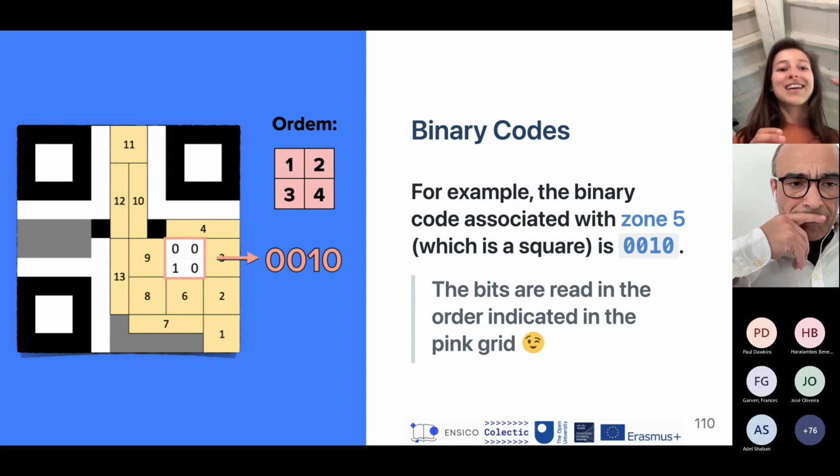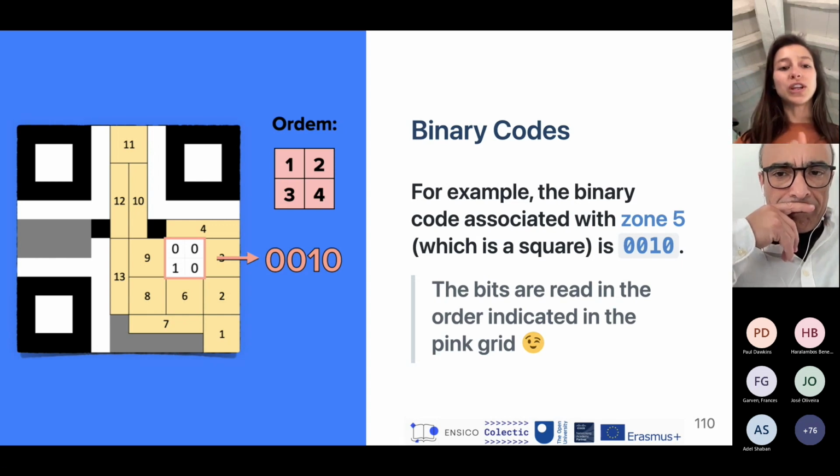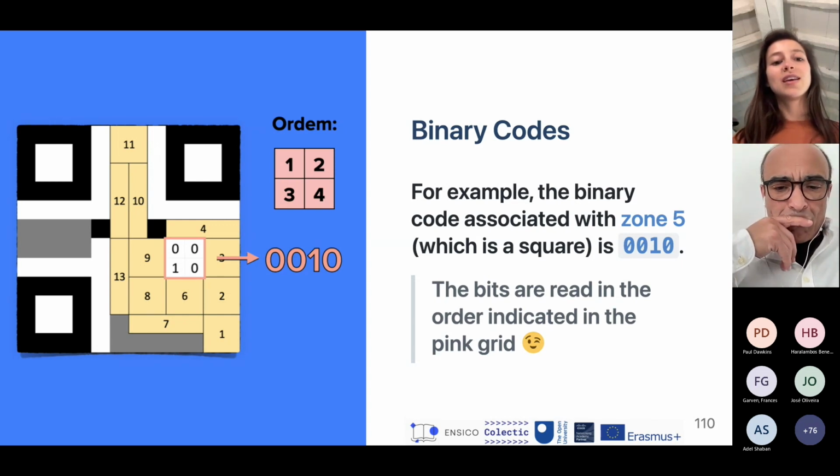The third one is bottom left. And the last one is bottom right. So the binary code associated to the zone, for instance, is 0010. We read it like it was a text, so it's the most intuitive way possible. Of course, we could read it some other way, but we will establish this convention that this is the order we want to use.